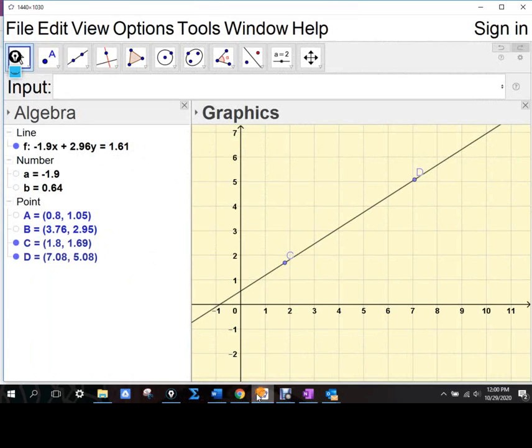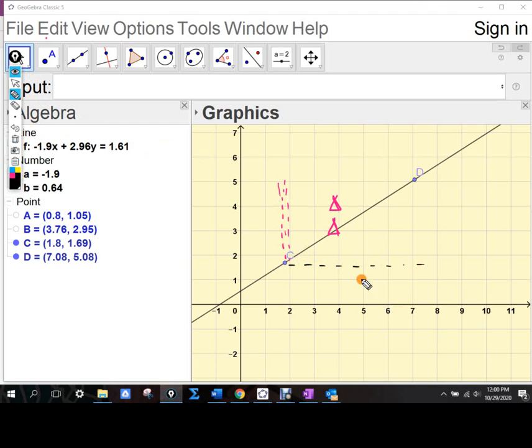if I look at this image here, okay, my vertical change from point C to point D, you guys would agree that my vertical change would be that distance right there, right? Okay. Well, to go from point C to point D, horizontally, it would be that.